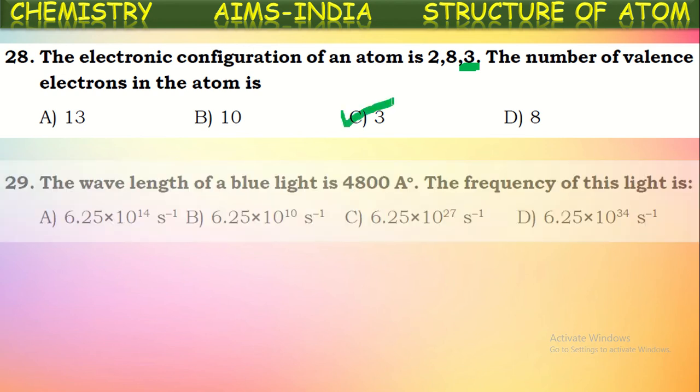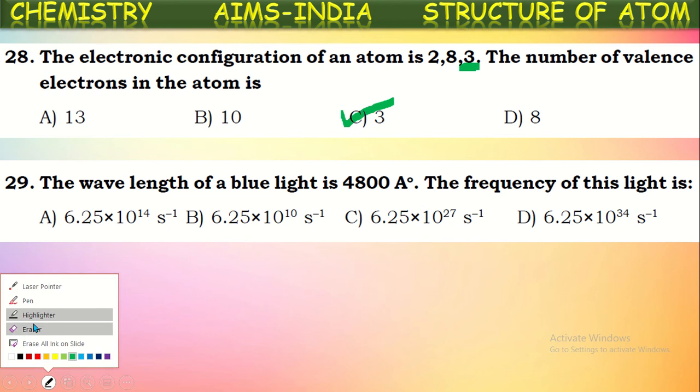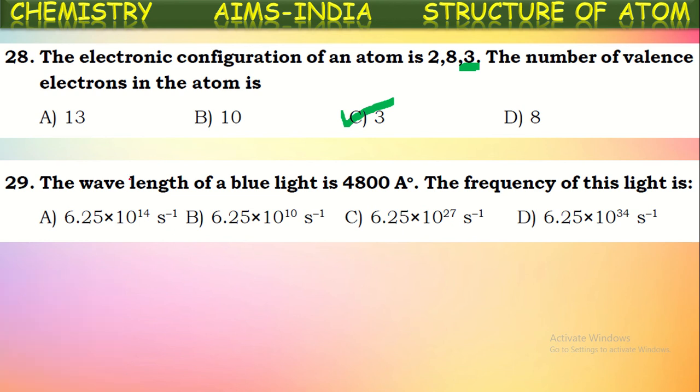Okay. Next, the wavelength of a blue light is 4000 angstroms. The frequency of this light is. How do we find the frequency of light if the wavelength is given? We know the relation between the frequency and wavelength. That is, nu is equal to c by lambda.